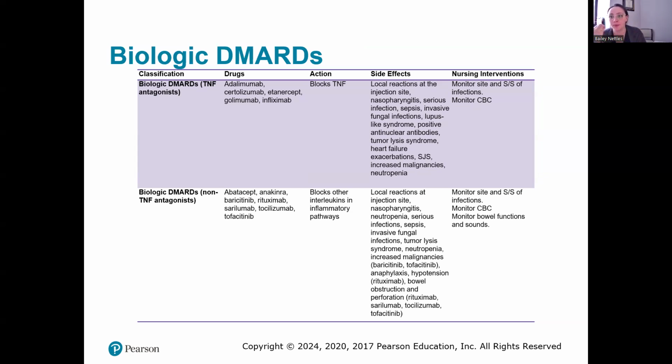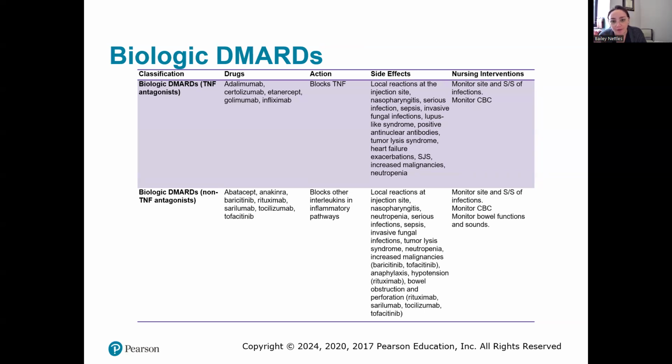Then the rest of them, all the way down to heart failure exacerbation, are all different types of infections, okay? Infection-related problems. It obviously causes neutropenia, which is the last one, Stevens-Johnson syndrome and increased malignancies.